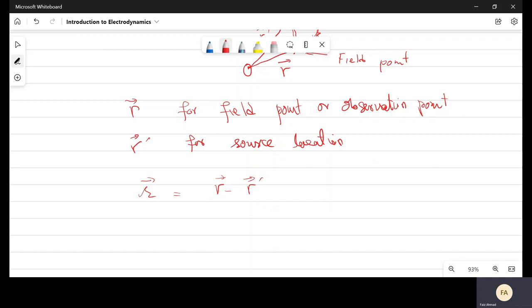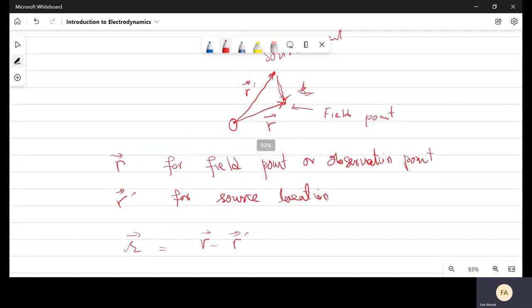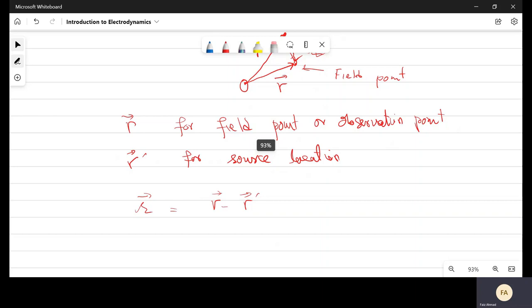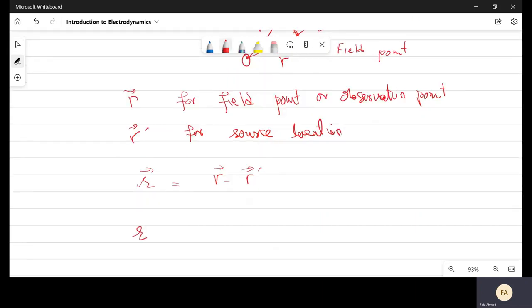Using the head-to-tail rule, we can see this separation vector. We call this R the separation vector from source point to field point.